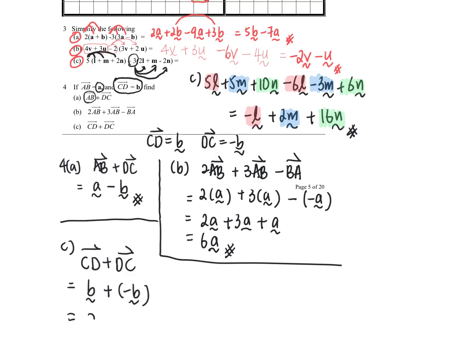So you don't write 0, you write 0 with the vector. So it means it goes back to the original point. Which makes sense, you go from C to D, then you come back. So that's why you are back to the original point. So not equals to 0, but equal to the 0 vector.